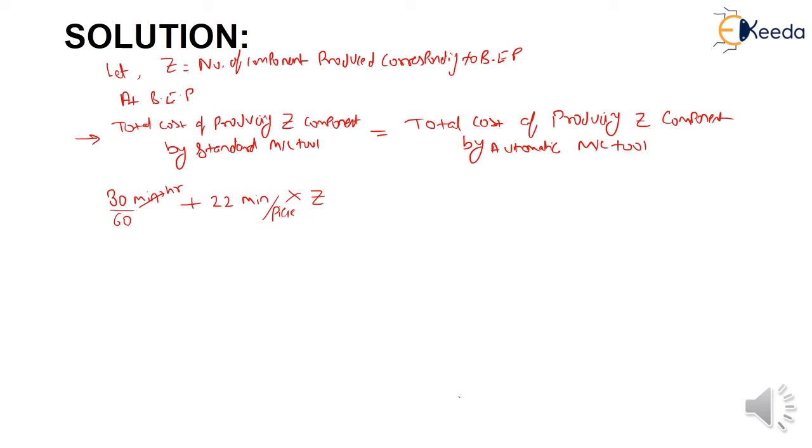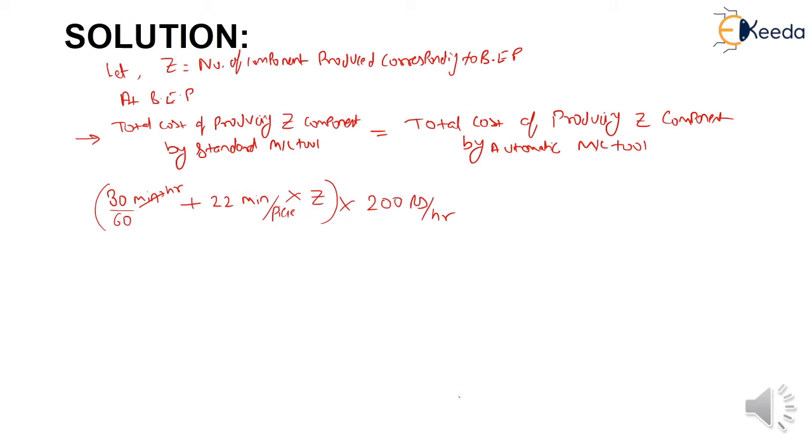So here this is calculated in terms of time, the setup time and machining time, and multiplied by the machining rate of the standard machine tool. What is the machining rate? The machining rate is 200 rupees per hour.